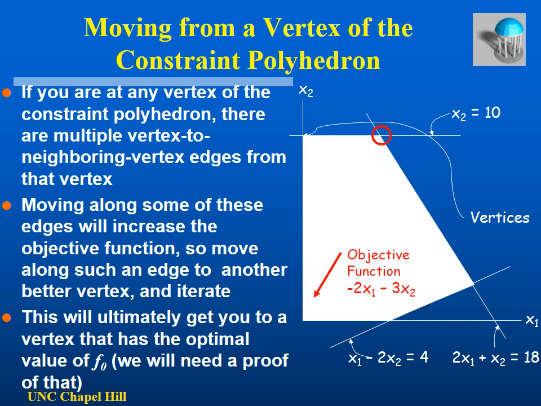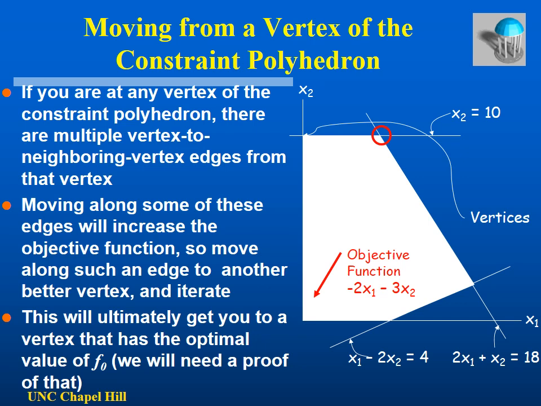And so we're going to move along that line segment from the vertex that's on the x1 axis, up and to the right, until we reach the extreme of the 2x1 plus x2 less than or equal to 18 constraint, namely the place where 2x1 plus x2 equals 18.